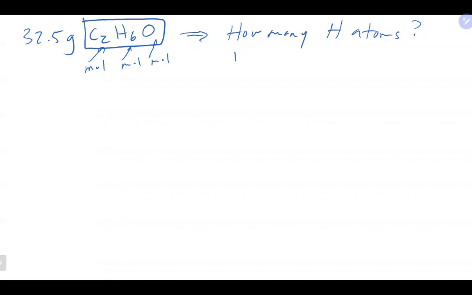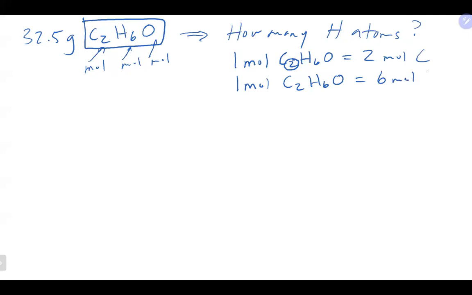You could say in 1 mole of the entire thing, there are 2 moles of just carbon, and that 2 would come from here. You could also say in 1 mole of the entire thing, there are 6 moles of hydrogen, and that 6 would come from here.